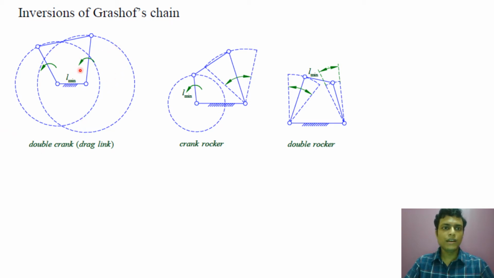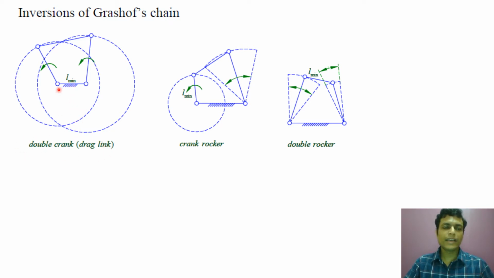The inversions in Grashof chains are determined by the position of the shortest link, that is L. We will get one double crank mechanism when L is the fixed link. So let me explain what a double crank mechanism is.